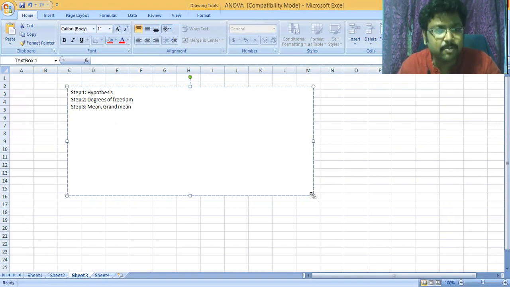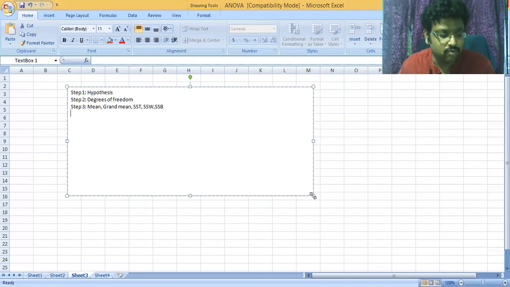This type of calculation is there in step 3. So in brief, sum of square total, sum of square within, and sum of square between, you have to calculate here.